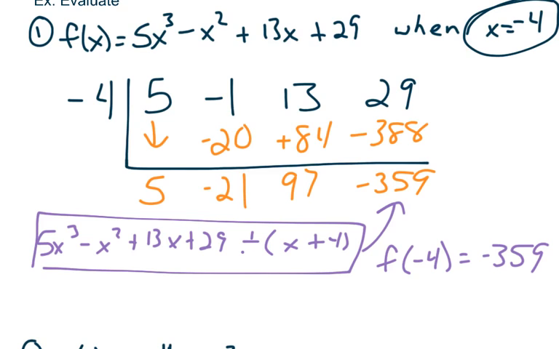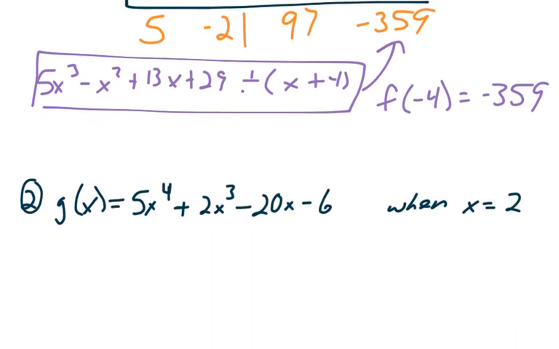You could do it one of two ways. If you're given the x value, sure, you could plug it in: 5 times negative 4 cubed minus negative 4 squared plus 13 times negative 4 plus 29. You would get negative 359 in the end if you do it correctly. This is kind of a different way to think about substituting, rather than having to plug and chug every time, offering a different way to try something.